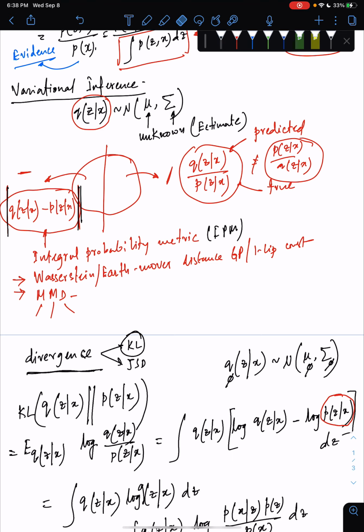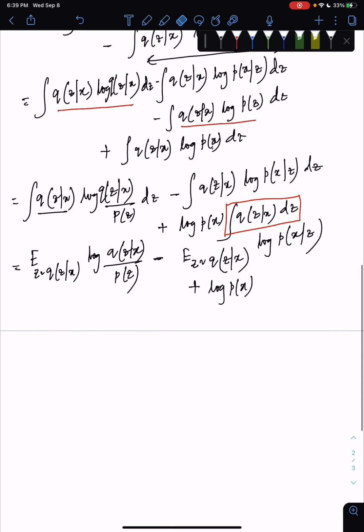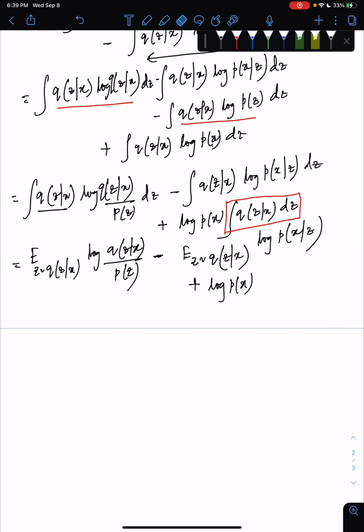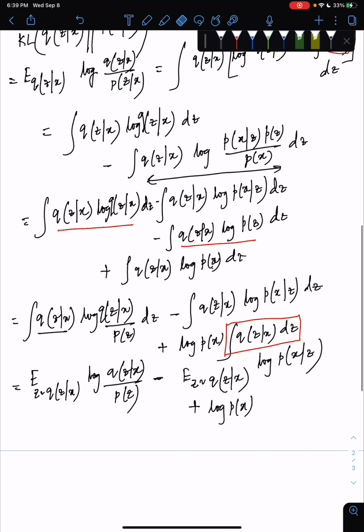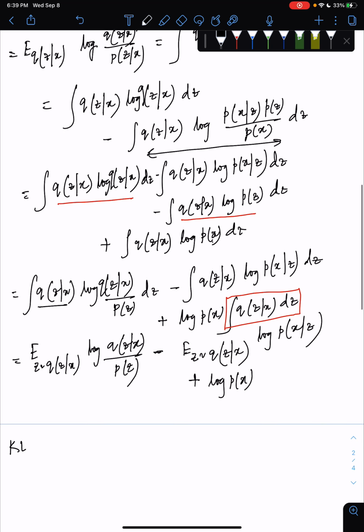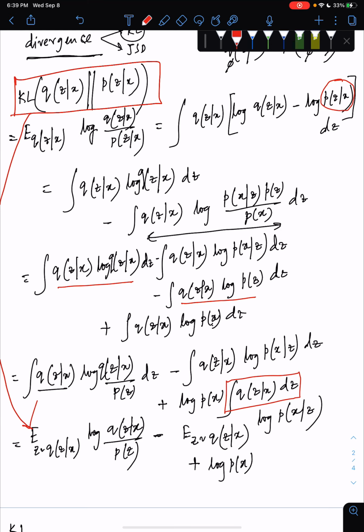This is nothing but a conditional distribution, and we are integrating over it, so this will be 1. Now, important, this expression is very significant, and we actually started from this and did some algebra, and we came to this.